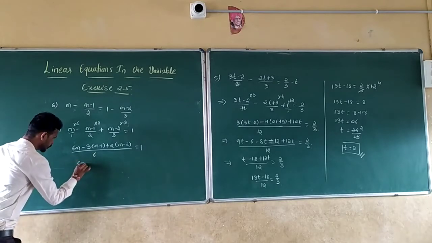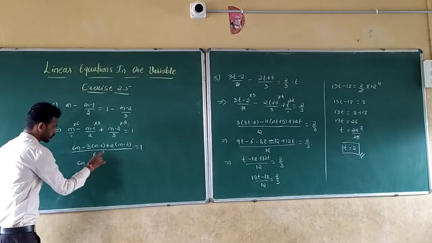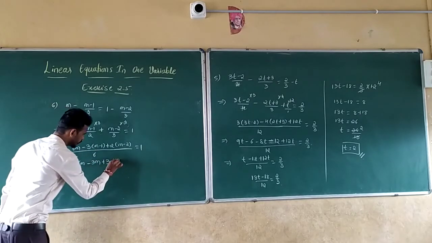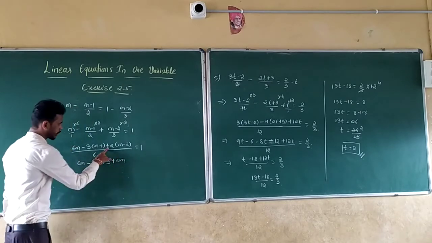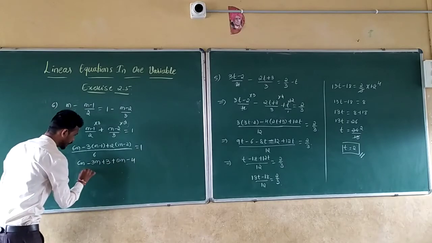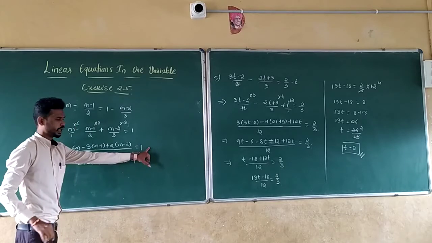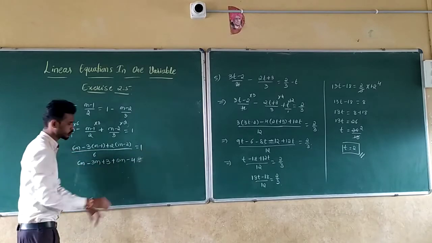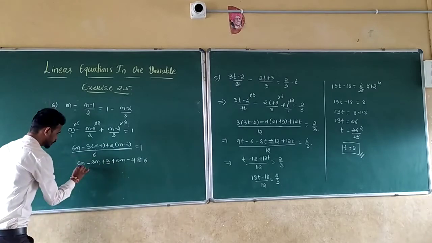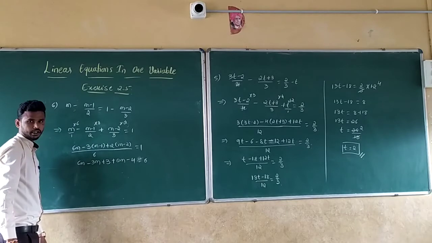Now 6m minus 3 into m, 3m, minus into minus plus, 3 ones are 3, plus 2 into m, 2m, plus into minus minus, 2 twos are 4, divided by 6, which is equals to, take 6 to the LHS, that will become multiplication. 1 into 6, what you will get? 6.